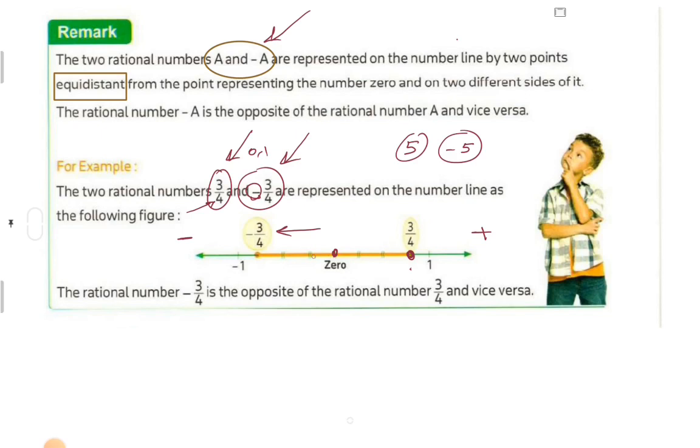So we have 3 parts in the positive direction and 3 parts in the negative direction.